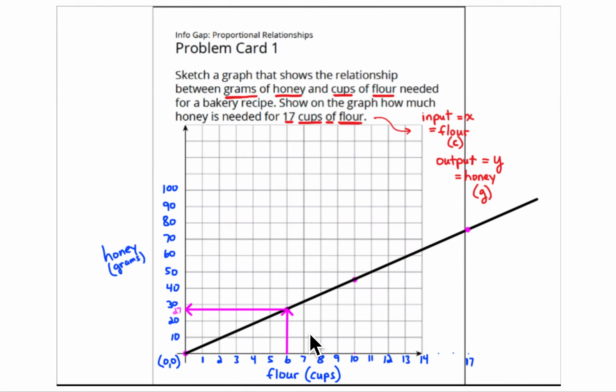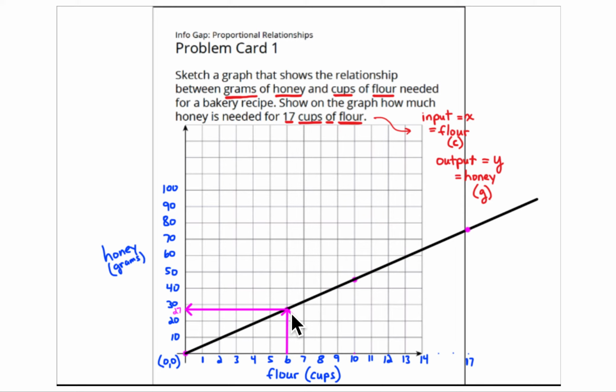All right, so let's graph a couple of the values that we know. So 6 cups of flour. You would draw an arrow up from the 6, and actually I'm showing this the end result, but I would draw an arrow over from 27. You just have to make a guess where that 27 is between 20 and 30. And so then you draw an arrow this way, and where those 2 arrows intersect is that point right there. That is the point.